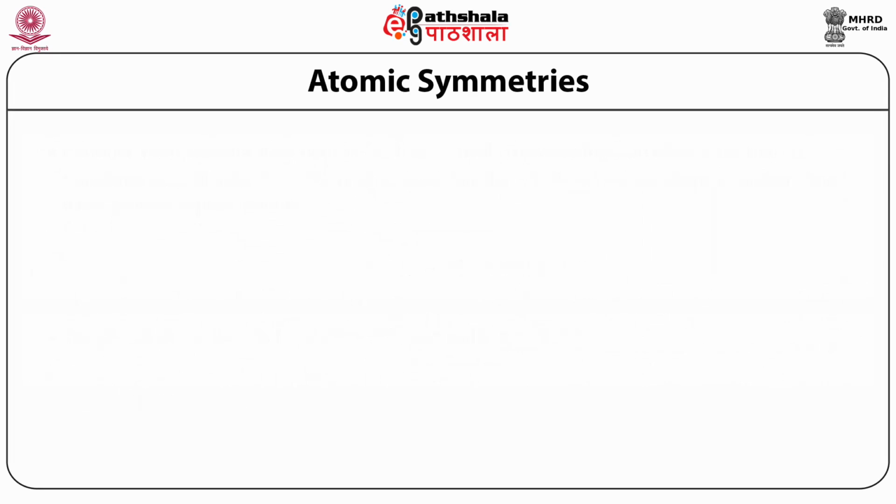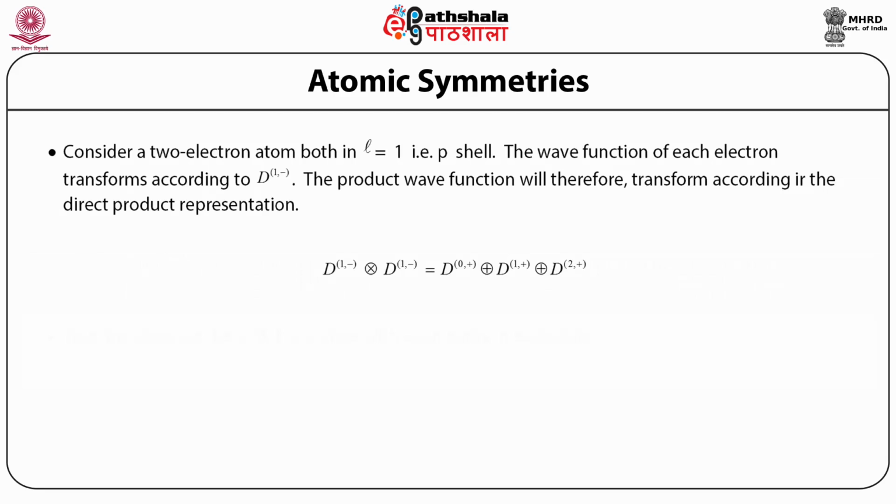Now, let me give an example to illustrate what I have said before. Let's consider a two-electron atom which has both the electrons in the P shell, that means L is equal to 1. The wave function of each electron transforms according to D1 minus, because an electron in the P shell has negative parity.